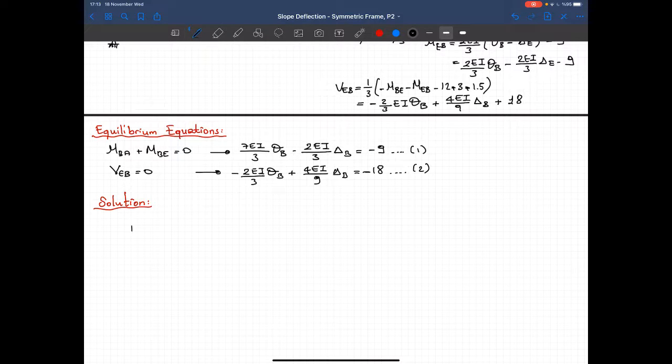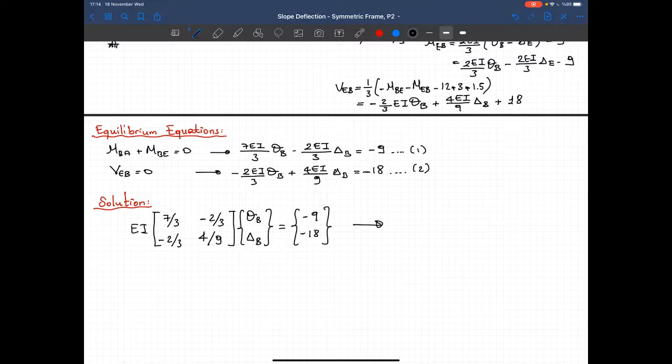Let's write everything again in matrix form: EI times the matrix 7 over 3, minus 2 over 3, minus 2 over 3, 4 over 9, times theta B and delta E, equal to minus 9 and minus 18.